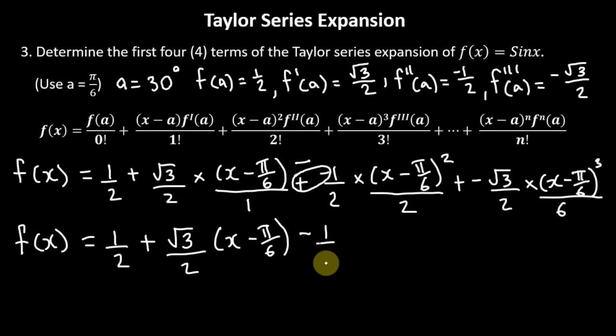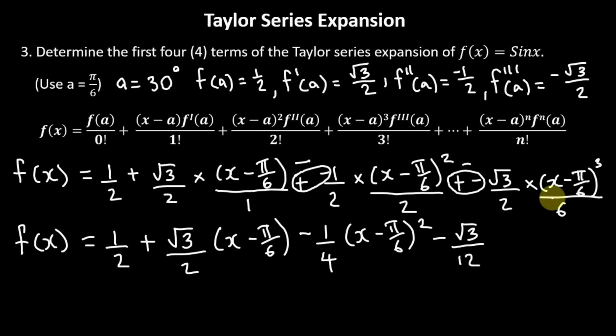So we can have a quarter here times this bracket here, which is x minus pi over 6 all squared. And again, combination of a positive and a negative sign is always equivalent to a negative. So we'll have minus root 3 over 2 times 6 is of course 12, so root 3 over 12 times this bracket here, which is x minus pi over 6 all cubed.